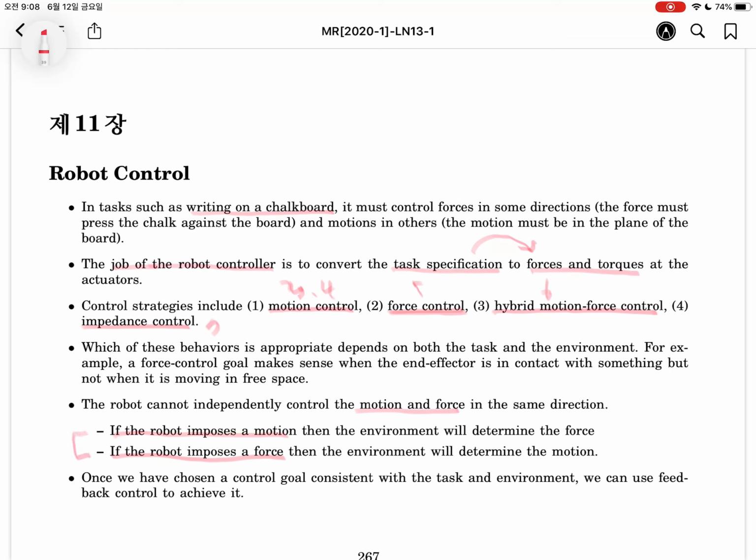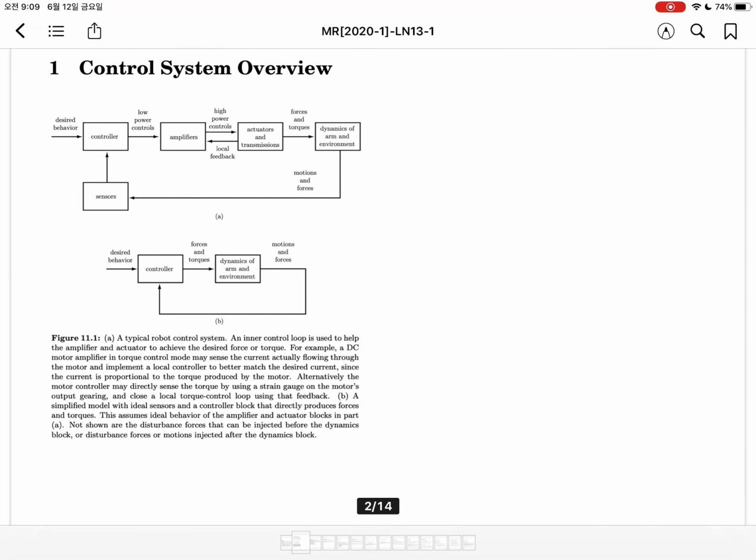It is similar to writing on the chalkboard. The environment and the robot will perform independently. Once we have chosen a control goal consistent with the task and environment, we can use feedback control to achieve it.